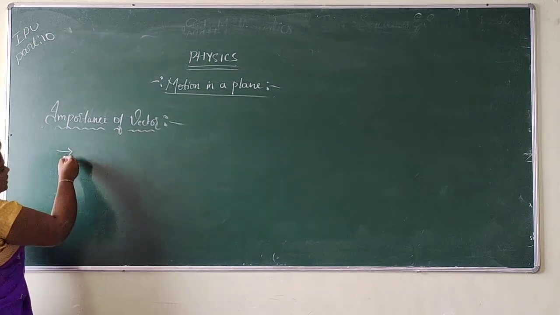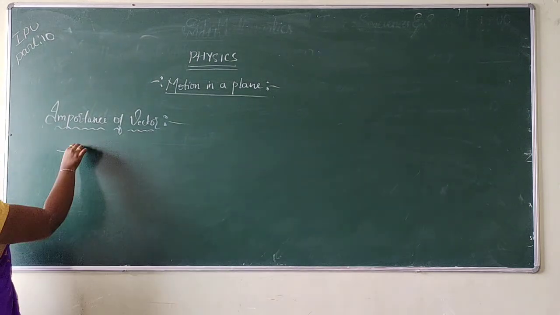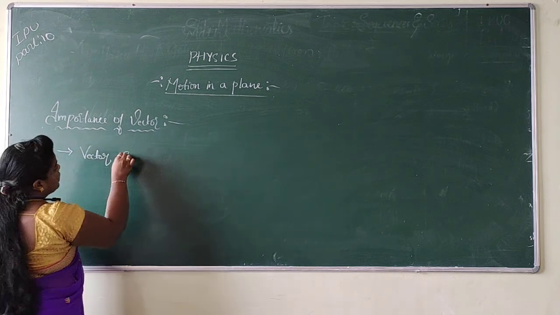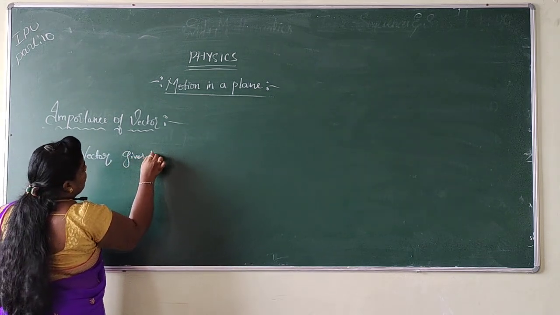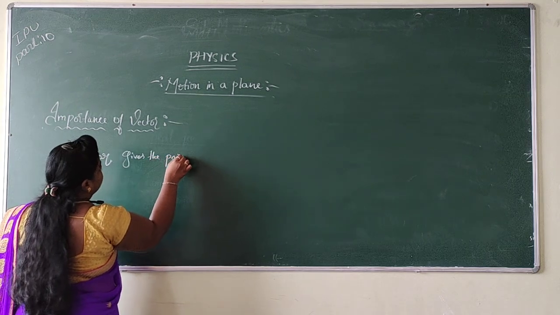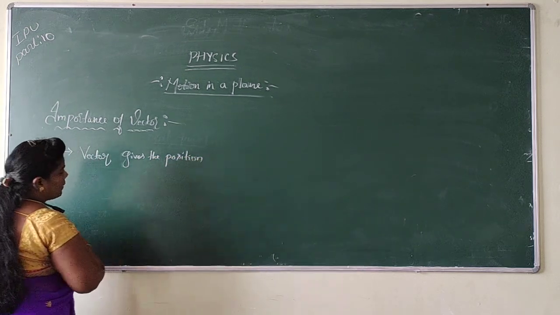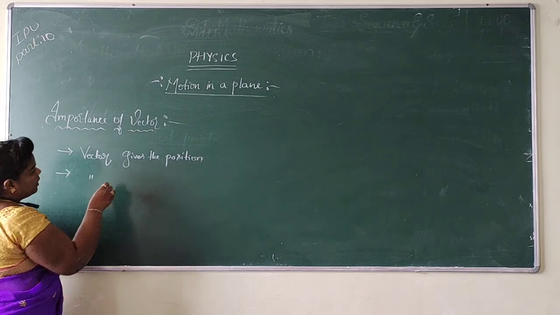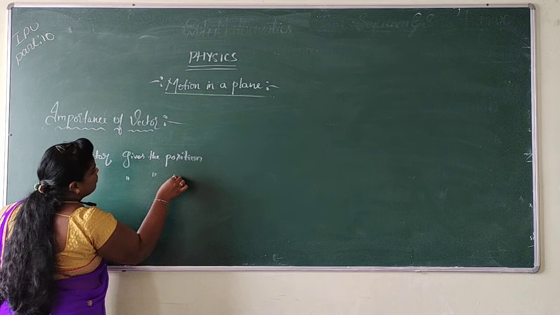Here the vector quantity gives you the position. Vector gives the position of a particle, and also vector gives the direction of a particle.